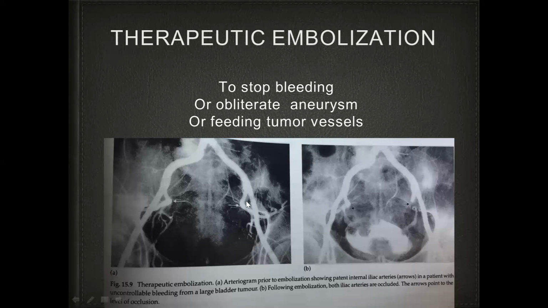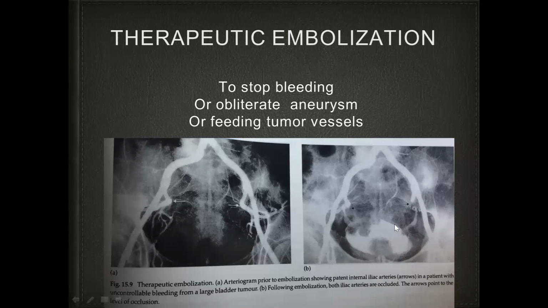So what we do, we can embolize this artery, usually by putting embolic material, which is coil, inside the vessel lumen. This is the coil inside, so you can see this cut, so no more blood flowing to the branches of the internal iliac and to the tumor.